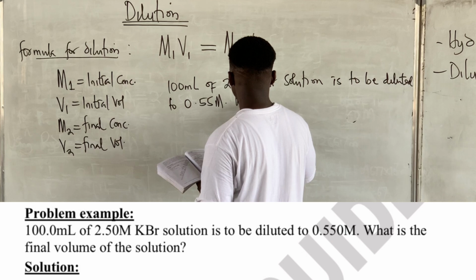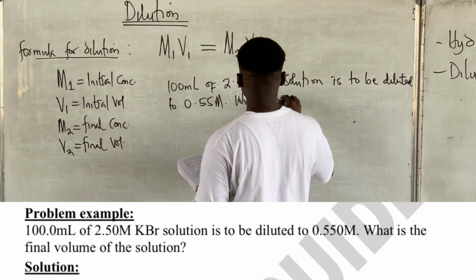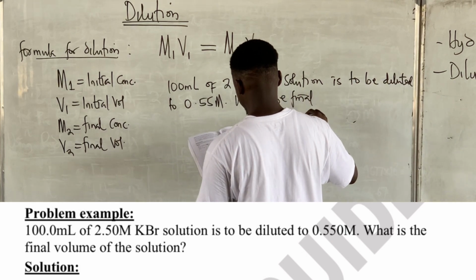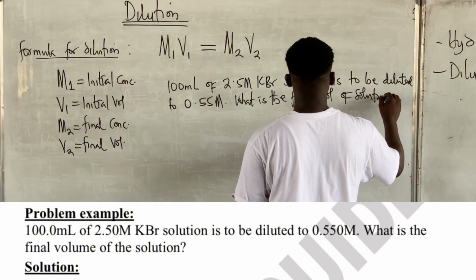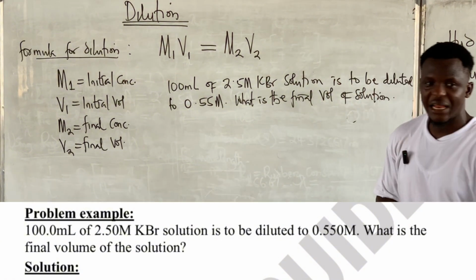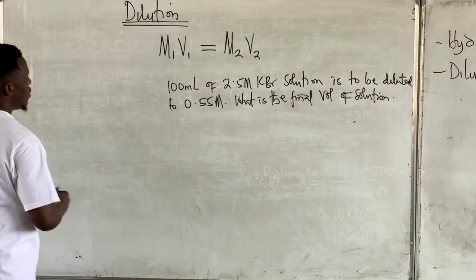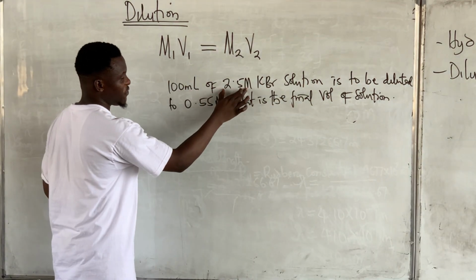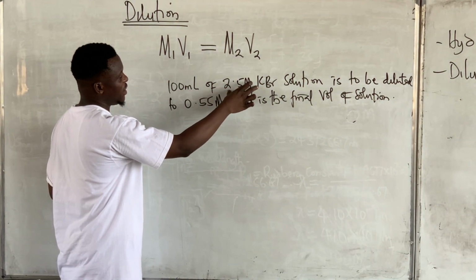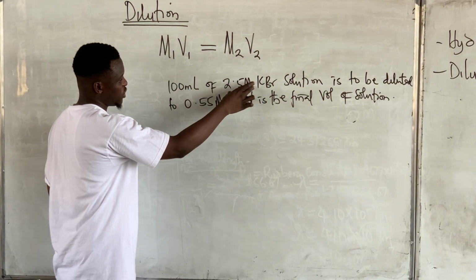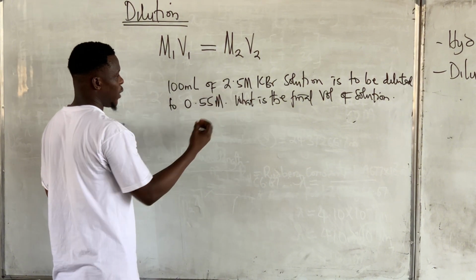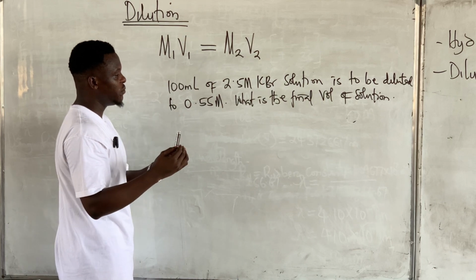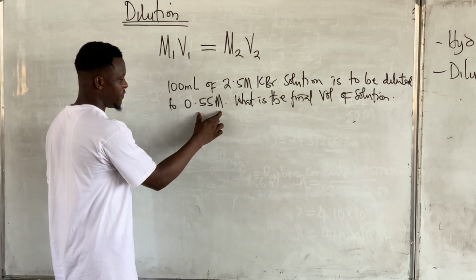What is the final volume of the solution? 100 ml of 2.5 molar solution. This is the more concentrated one, because initially we have 2.5 molar and then you are asked the final volume if this is diluted to 0.55.